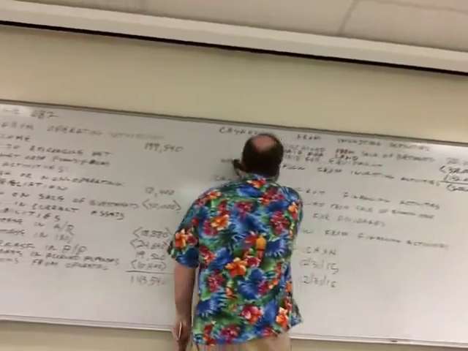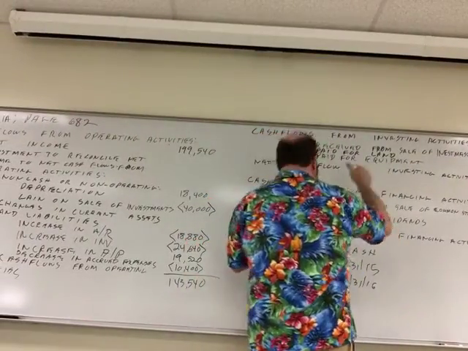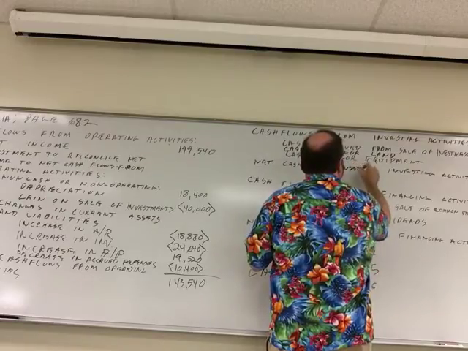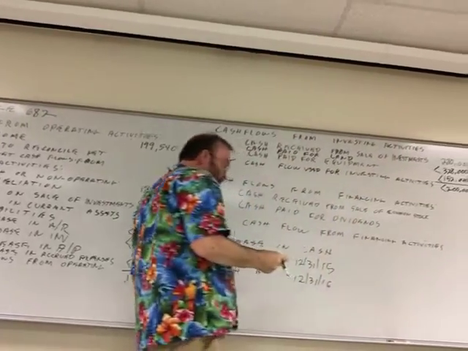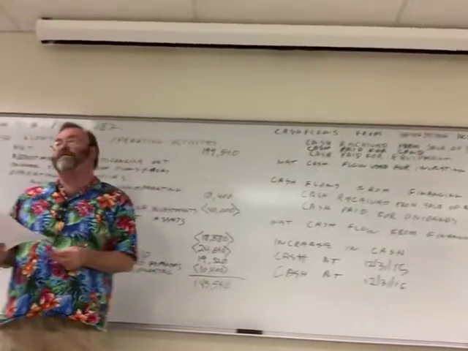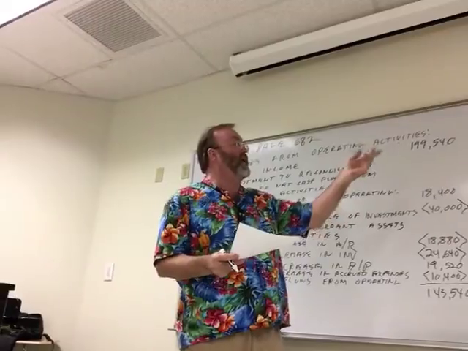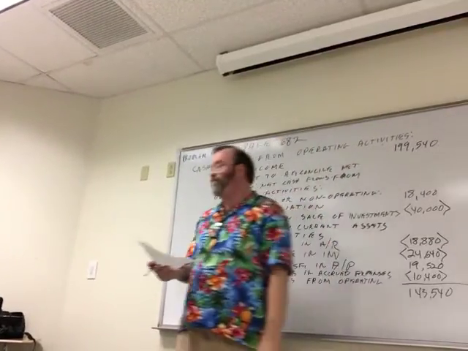So this is net cash flow used for investing activities. So rather than the old one which said net cash flows from investing activities when it was positive, when it's negative, it's net cash flows used for investing activities.